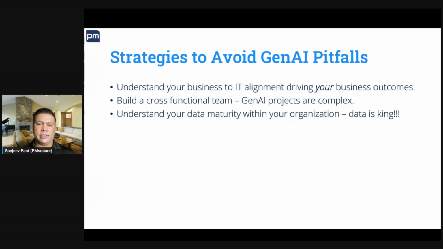Is it an enterprise? Is it an SMB? Because the execution of that, and not only just the execution, the understanding, the alignment of business and technology leaders becomes complex. So, for example, in an enterprise, you have a lot of siloness, right? Everyone is doing their own thing. They're very protective about the data.